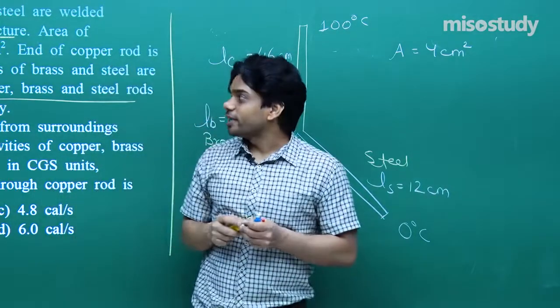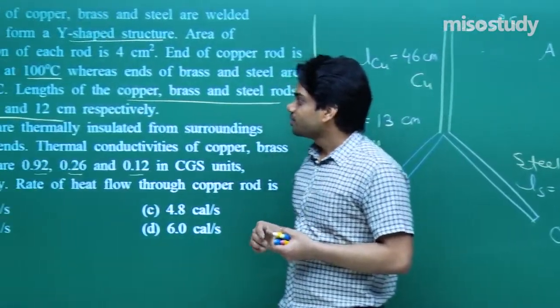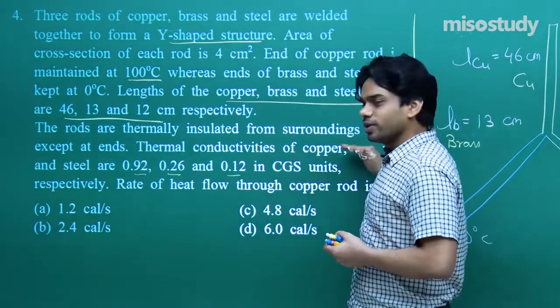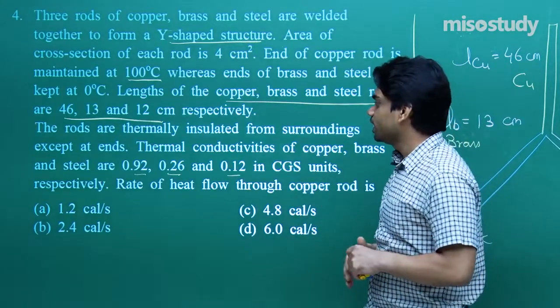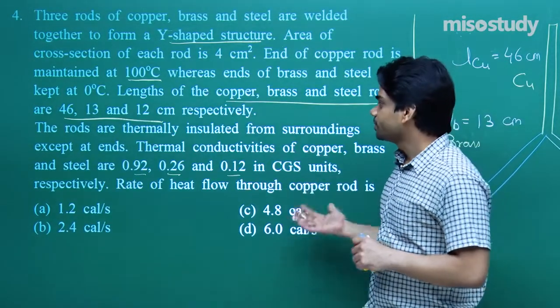Next, you see I have drawn the diagram clearly so that you can understand. The rods are thermally insulated from surroundings, so there is no heat actually transferred either from surrounding to the rod or rod to the surrounding.